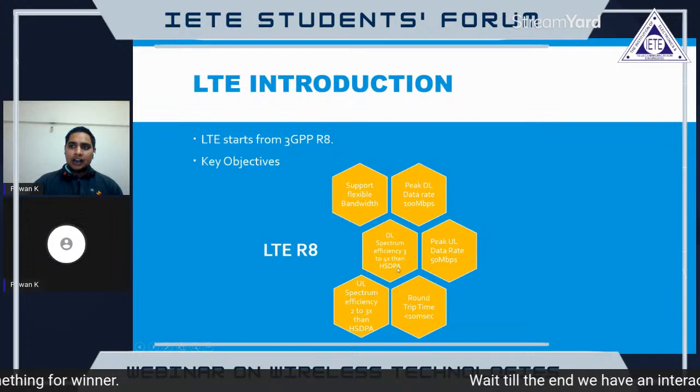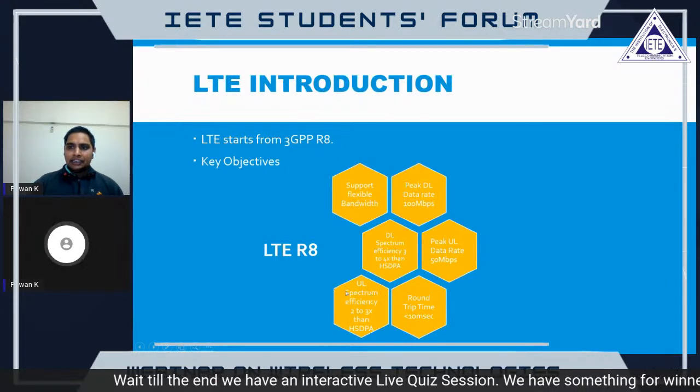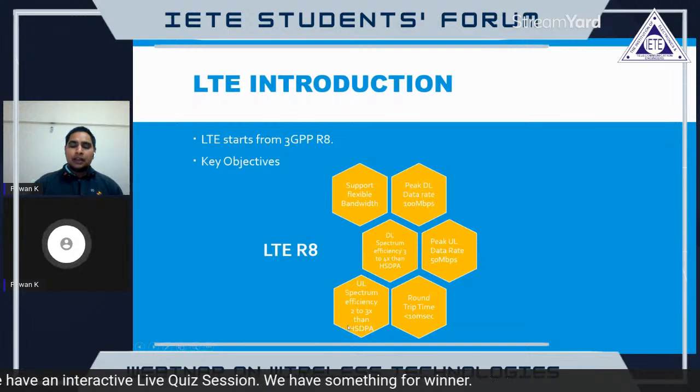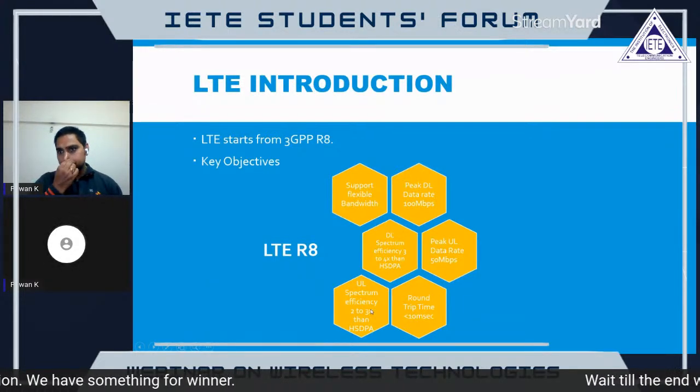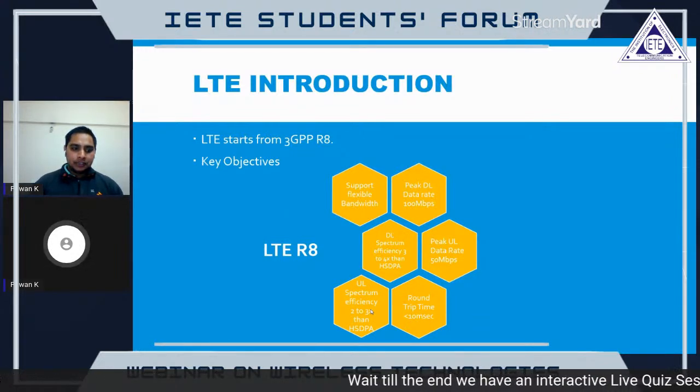Then the high-speed downlink packet access. Actually, this is a 3G technology, and uplink spectrum efficiency is also increased by 2 to 3 times. Then the 3G high-speed uplink packet access. So, how exactly is the spectrum efficiency being improved?